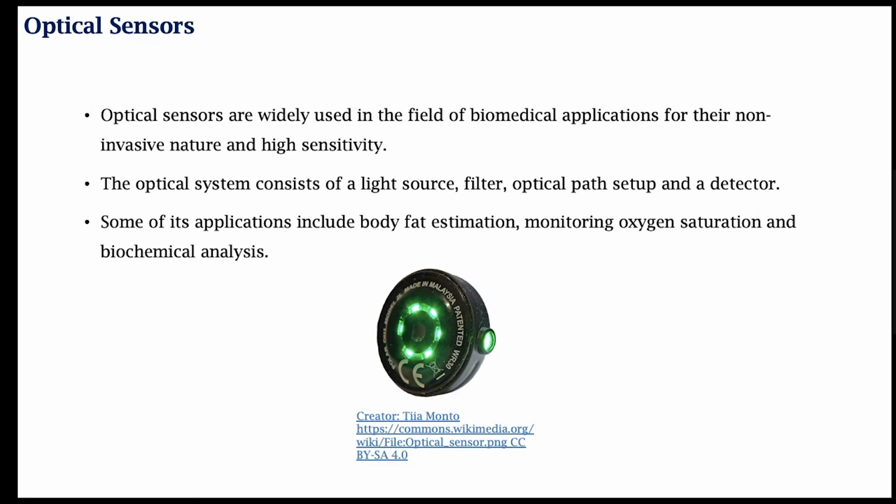Usually there is a light source, there is a filter, there is a path setup, and there is a light detector. In almost all the cases, the light source is an LED and the detector is a photodiode or a phototransistor. There are many applications for this.